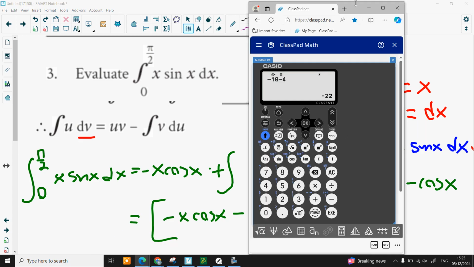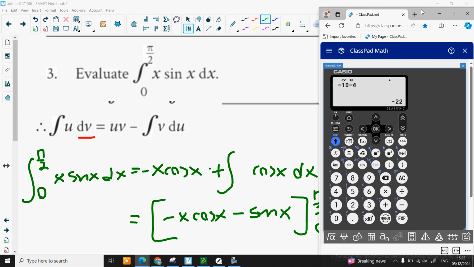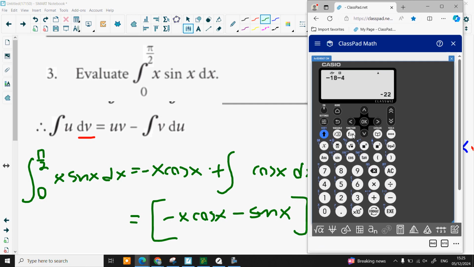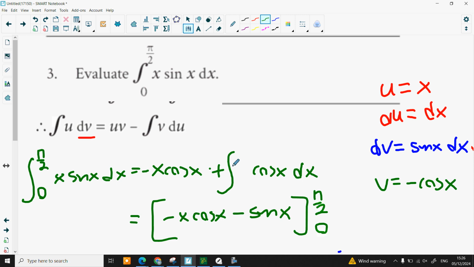I might be inclined to use my table function here. What I'll do with my table function is I'll go home, table. Why is it minus? If you integrate cos x, you're not getting minus sin x. Oh, it was minus on the outside, wasn't it?